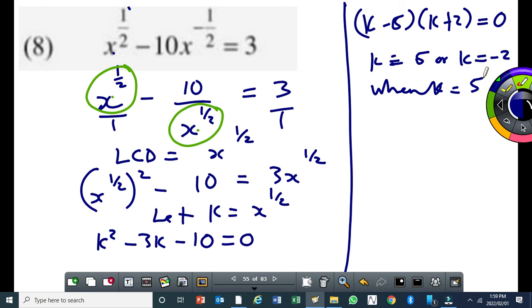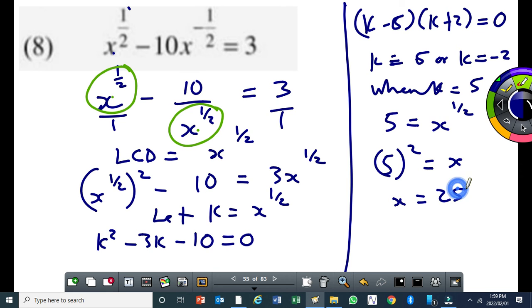Where there is K here, we put 5. So you get 5 is equal to x to the power of a half. We have a rational exponent there, so this becomes 5 squared, and that becomes x. You should know why now. The answer will be x equal to 25. That's one of the answers.